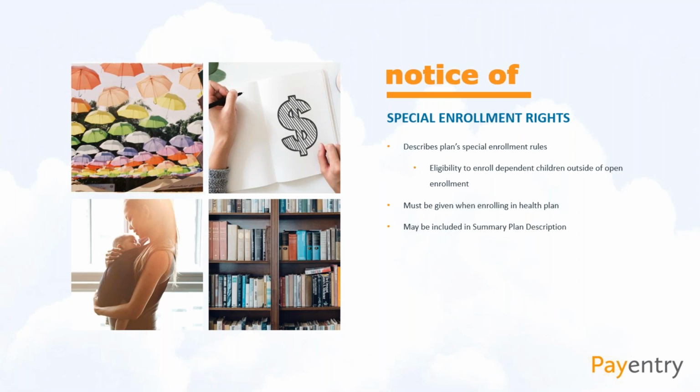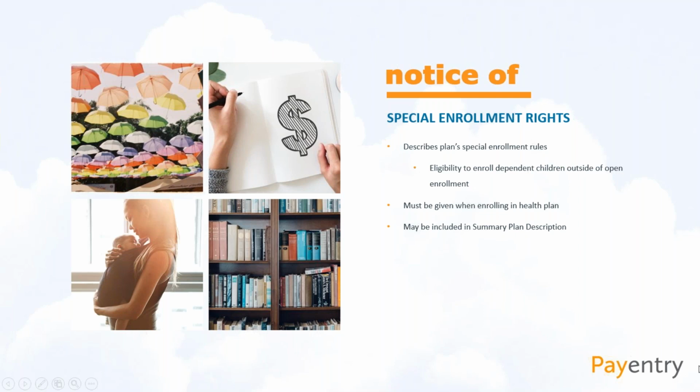The things that we've talked about so far, your SBC, which is your summary of benefit coverage, and the exchange notice have to be given outside of the summary plan description or the booklet that comes out with your health insurance renewals each year.